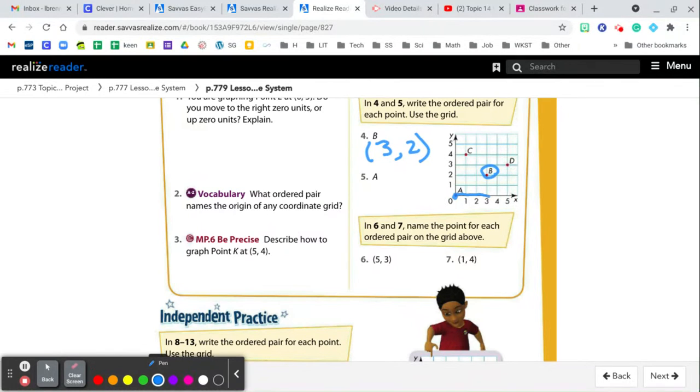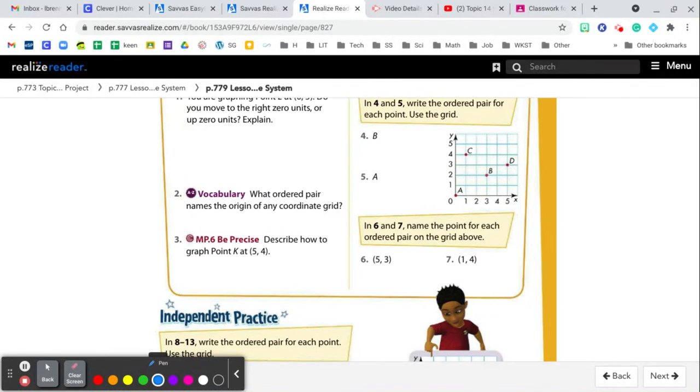I stop when I know that B is lined up with my x-axis value. So that's 3. And then how far up do I have to go? And my eye's going over here. And I'm seeing I have to go up 2. So 3, 2.